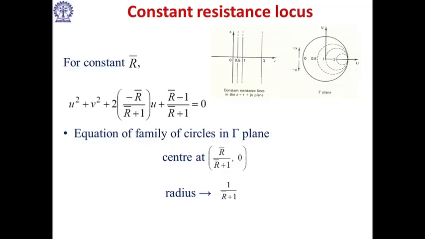So, now each of them, you see the mathematics that for constant r we can write it as this. If we make r constant, then this becomes an equation of the form u square plus v square plus 2u something plus 2v something plus this. So, you know that this is the equation of a family of circles.